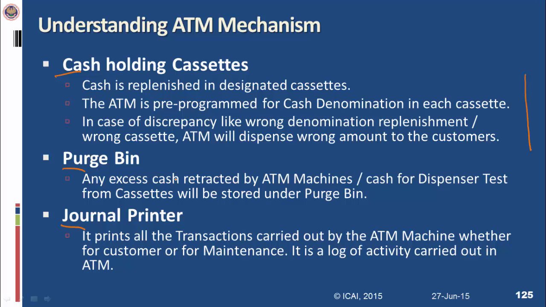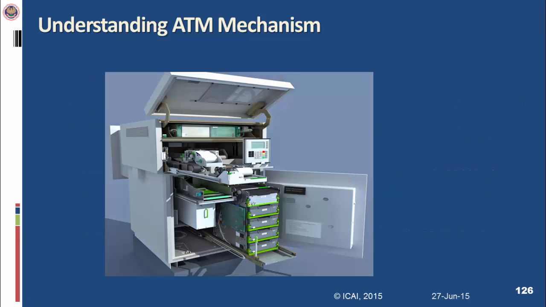In case of testing of a cassette also, the notes will go into the purge bin. So the total balance available in the ATM is the notes in the cash holding cassettes plus the purge bin or overage bin. Then there is a journal printer, which records all transactions, including the maintenance log of the ATM machine.